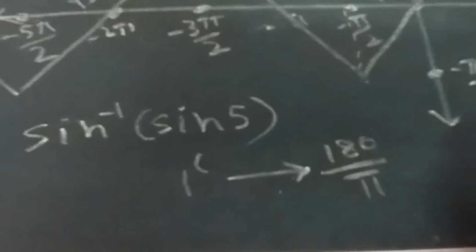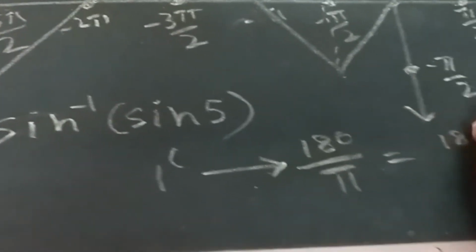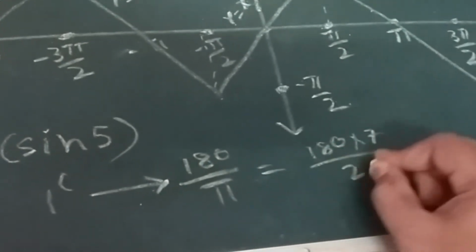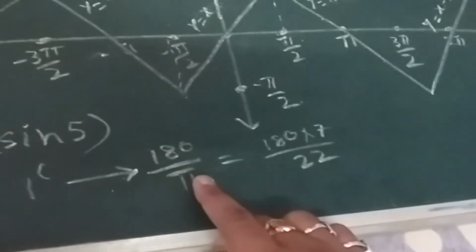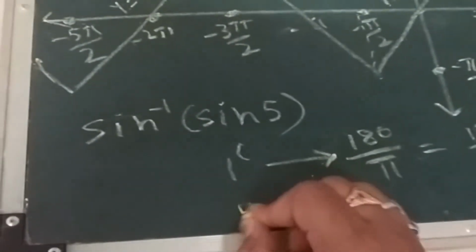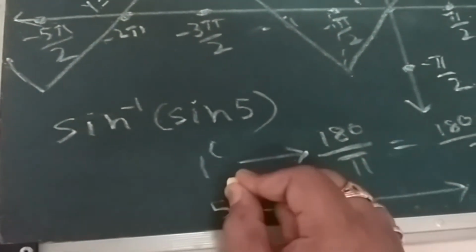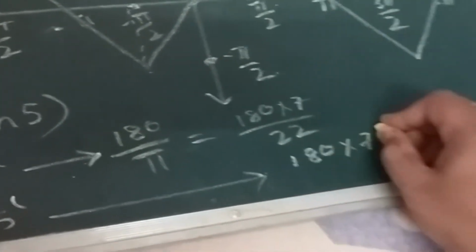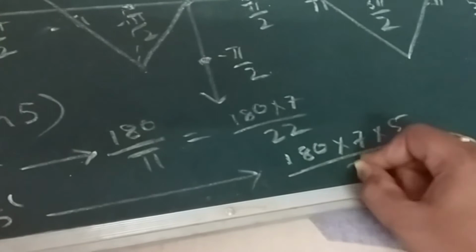So it is 180 into 7 upon 22. In the place of pi, 22 upon 7, so 7 has gone up. Okay, now for 5 radian, it is 180 into 7 into 5 upon 22.